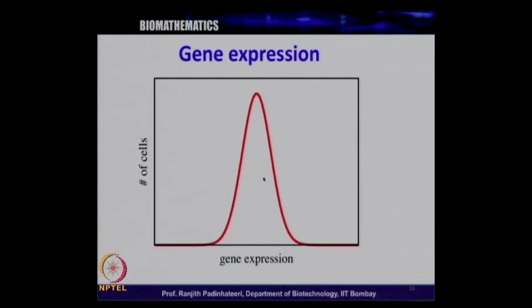If you go to the left and right of this peak, the number of cells decreases. What it means is that you have only a few cells with a lot of gene expression and a few cells with little gene expression. So there is an average gene expression amount, and a lot of cells have this much gene expression.